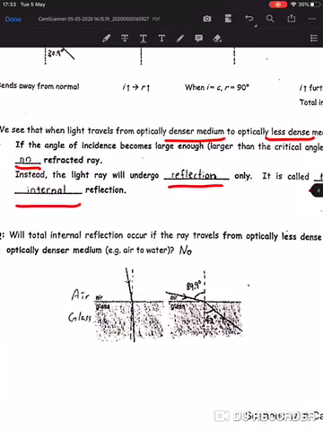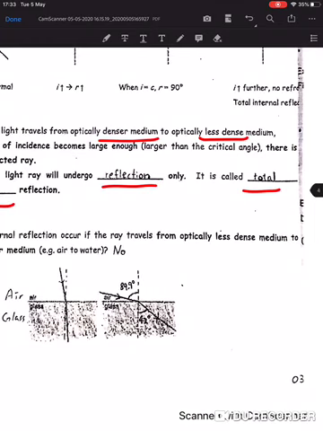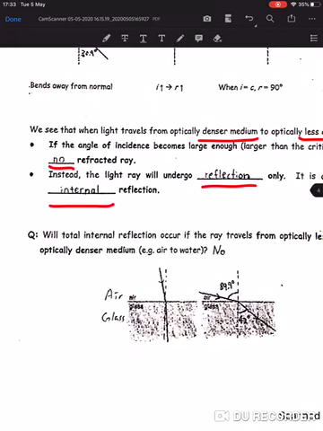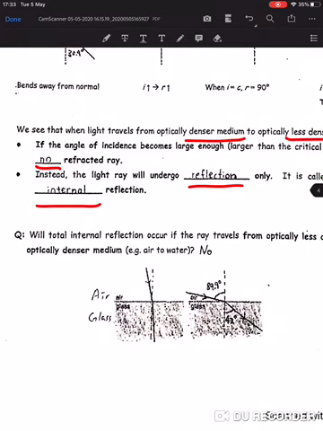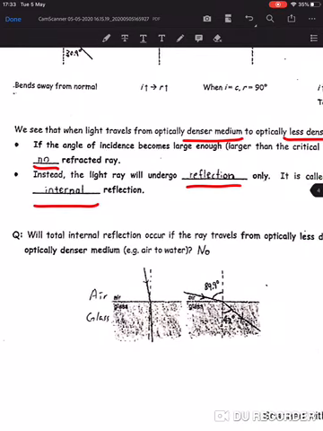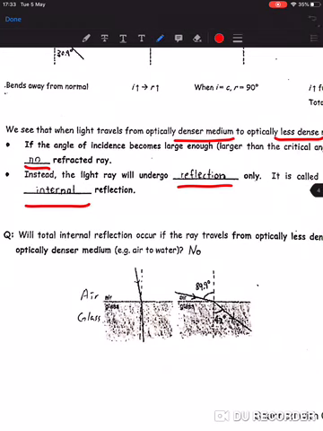Now, the next question is, will total internal reflection occur if the wave travels from an optically less dense to an optically denser medium? As we have already covered, from less to denser, will it happen? The answer is no. There's no way it will happen. The reason is, take a look at it from the air.